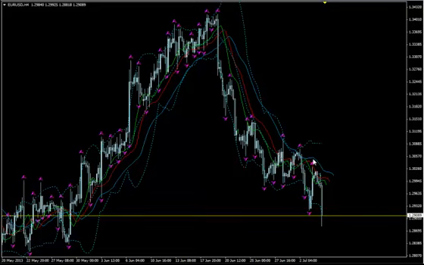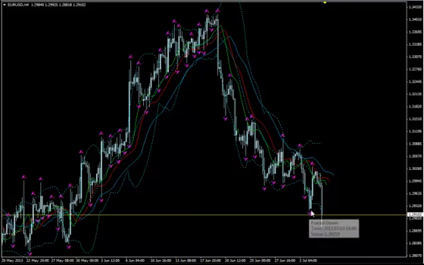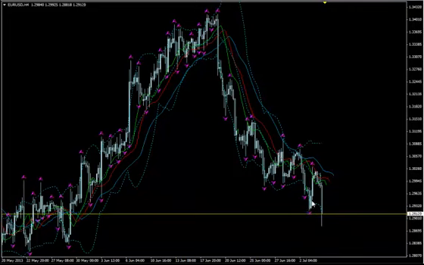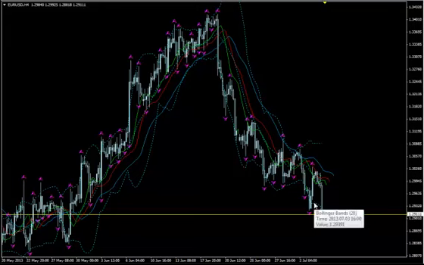To the H4 chart, we see now that we had this bearish fractal up here, but when it formed, leading alligator was curved upwards. That's what fooled us to believe that this bullish reversal fractal low here on the lower Bollinger Band was strong enough to push the price up to the other Bollinger Band.